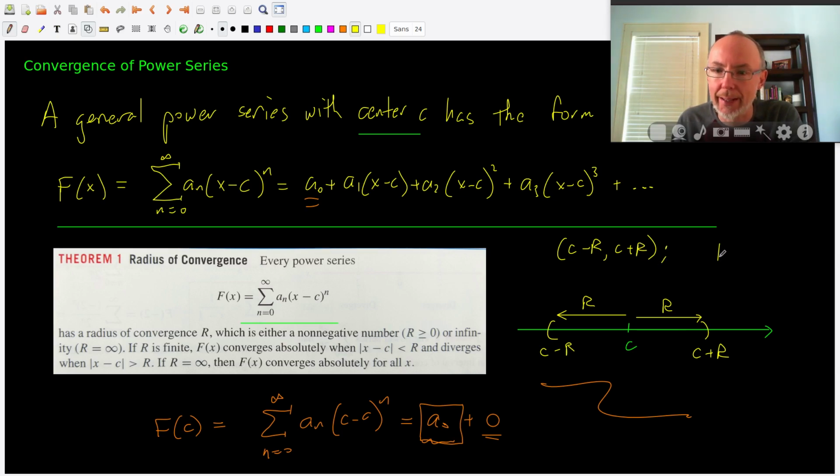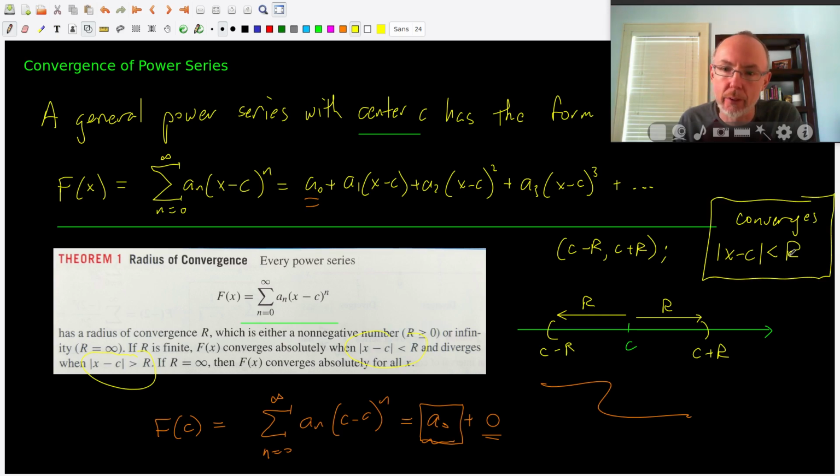Another way of saying that is the distance from the center, c, is less than r. So it converges when x is within a distance r of the point c, left or right, and then it diverges when that distance is bigger than r.